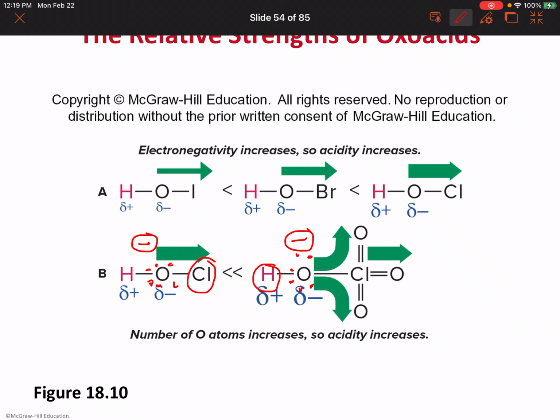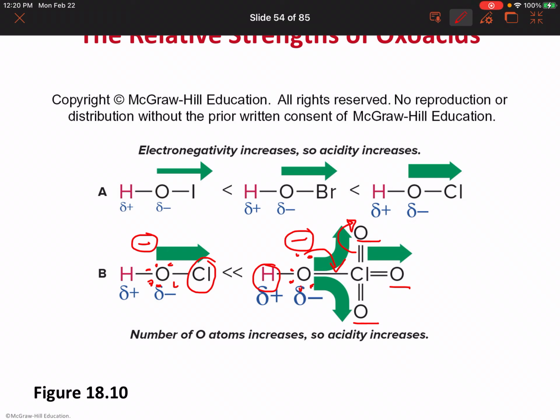Whereas in this one, the lone pairs can be delocalized. Remember the resonance structures that we drew in Chem 1? So similarly, these lone pairs, meaning the electron density on the oxygen, can be delocalized among these 1, 2, 3 oxygen atoms. It's not in one place.